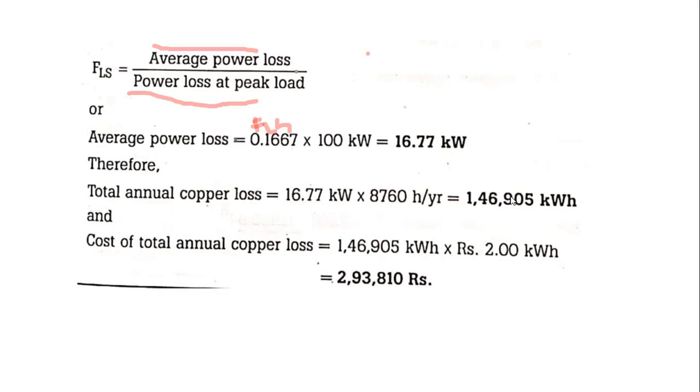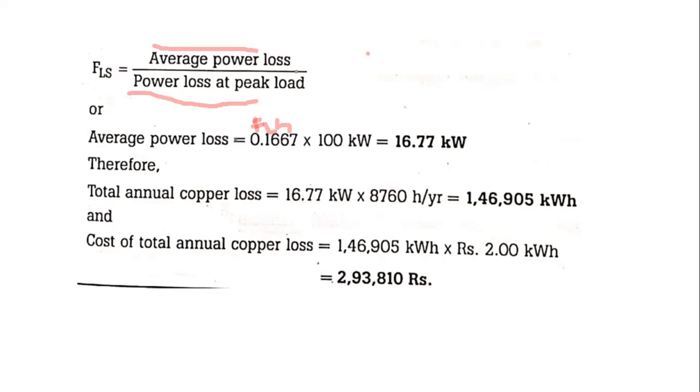Therefore we multiply 1,46,905 kilowatt hours into 2 rupees per kilowatt hour. Then we obtain the copper losses in terms of rupees, that is 2,93,800 rupees.